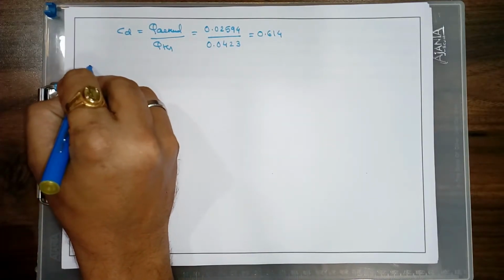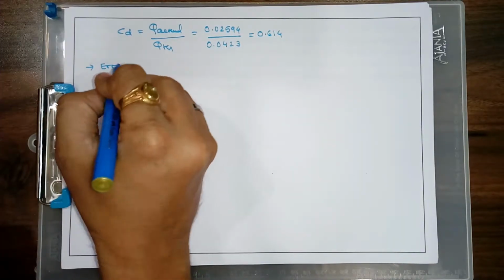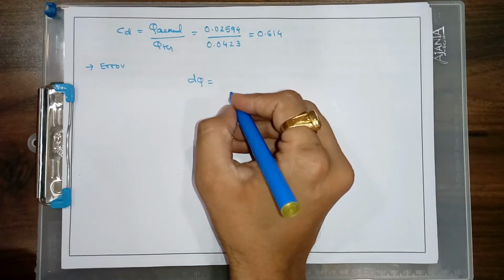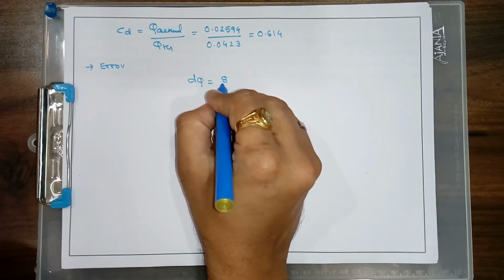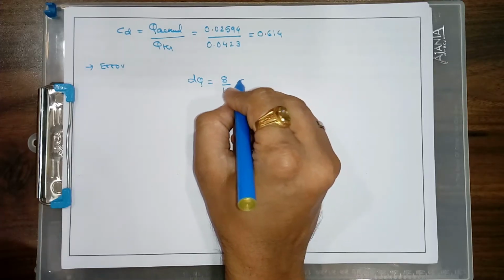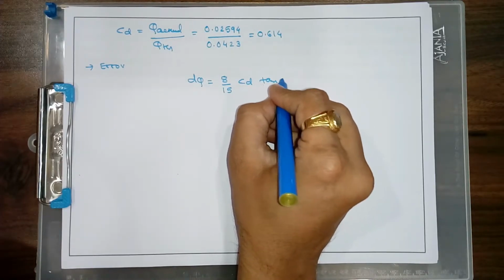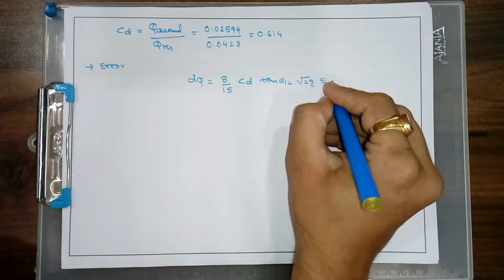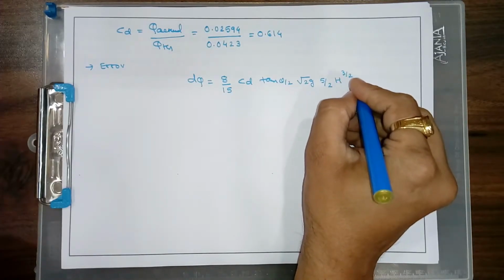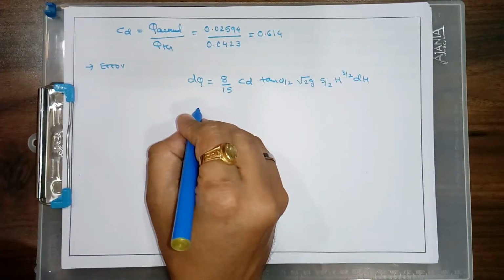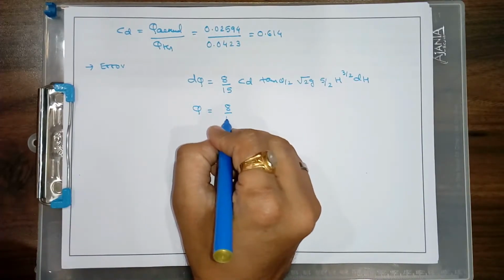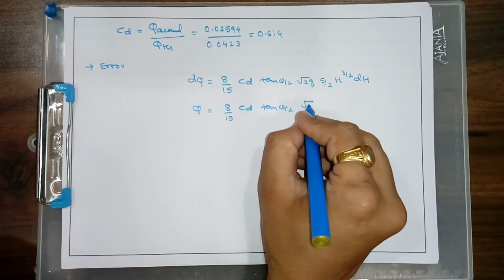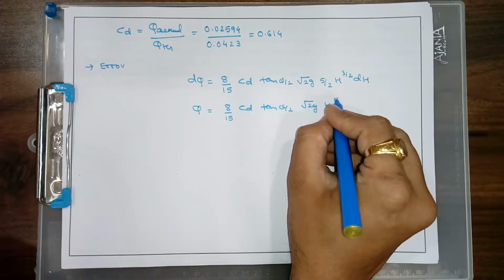So for the measurement of error in discharge we need to write two equations. One, the discharge through the small strip, so the value of dQ for the small strip is 8 by 15 into CD into tan theta by 2 into under root 2g into 5 by 2 h to the power 3 by 2 into dh, where the total discharge Q is 8 by 15 CD into tan theta by 2 into square root of 2g into h to the power 5 by 2.